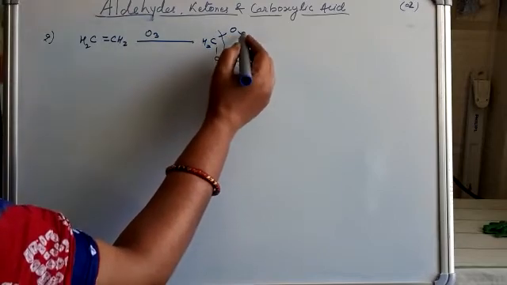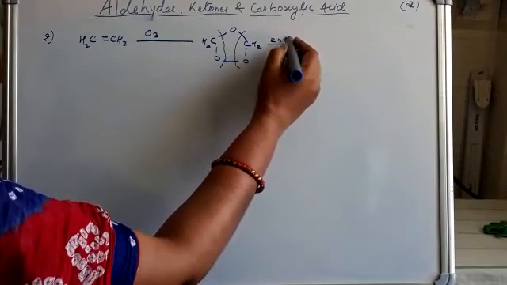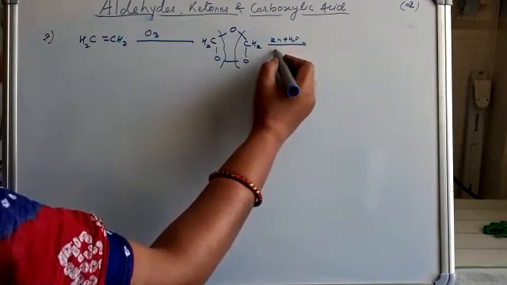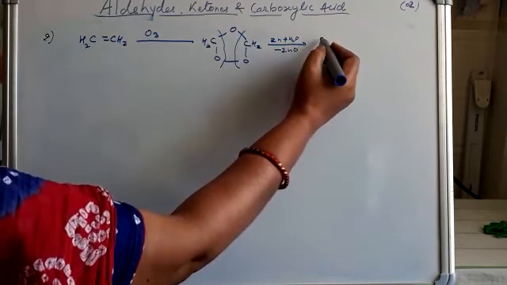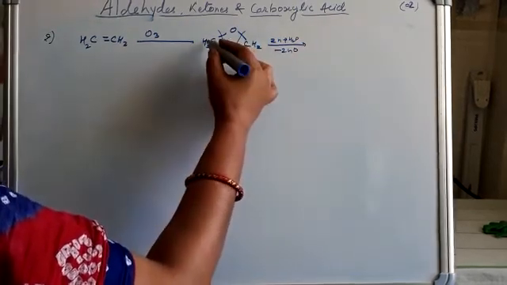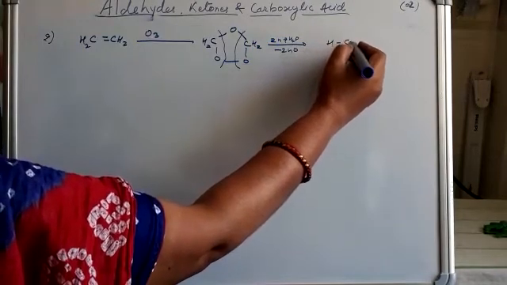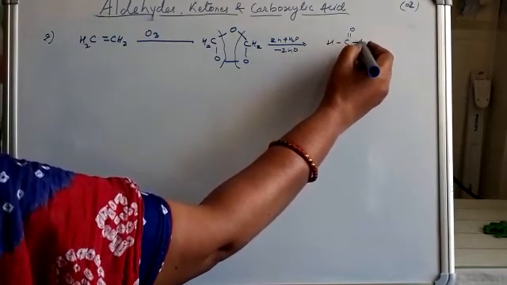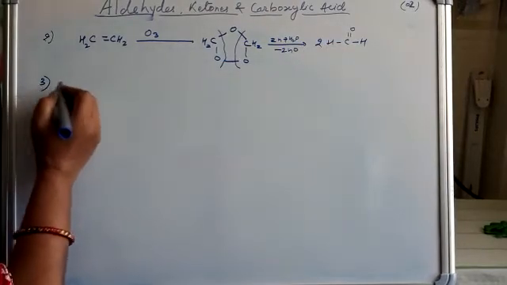Bond breakage, then it undergoes zinc and water. Reductive ozonolysis means removal of zinc oxide. This oxygen is removed with zinc and CH2O is formed. CH2O means formaldehyde formation takes place.